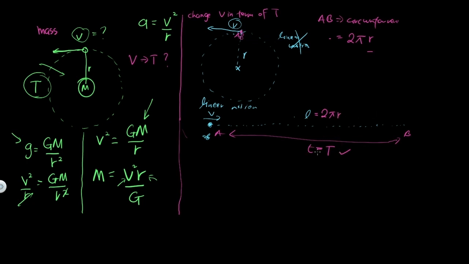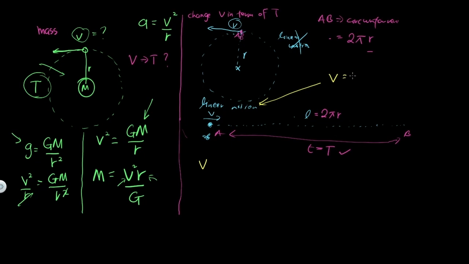Now we have T in terms of period and L the distance in terms of 2 pi r. So it should be easier for us to find V in terms of T. For linear motion, you should not have so much problem because we have a formula there for V. So what is the formula for V?